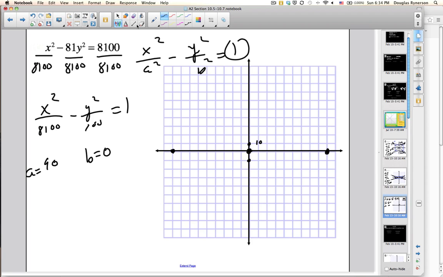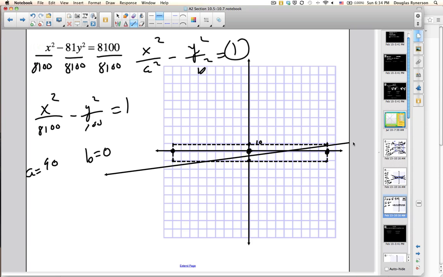I'm going to go ahead and put in my box with my asymptotes. My asymptotes pass through the corners of this box. Again, very, very flat. I missed pretty bad that time. Maybe better this time.